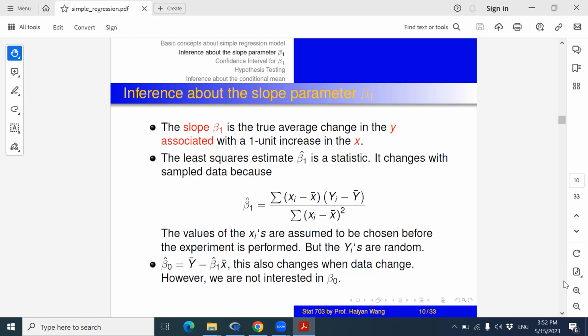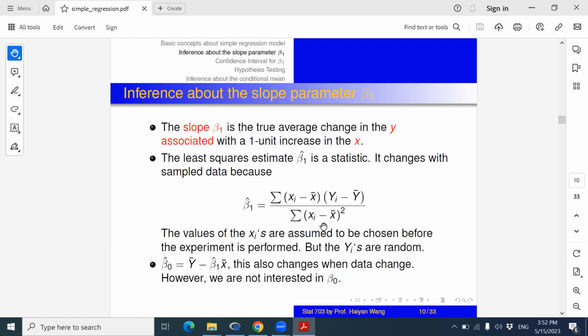So to consider the inference, we will first need to figure out the distribution of beta 1 hat. And for this beta 1 hat, to think about the distribution, it's good to realize what is random here and what is not. We have the sum over the cross product of x deviations with the y deviations. The x is treated as a fixed, observed, given value, and the y, on the other hand, changes as a random variable.